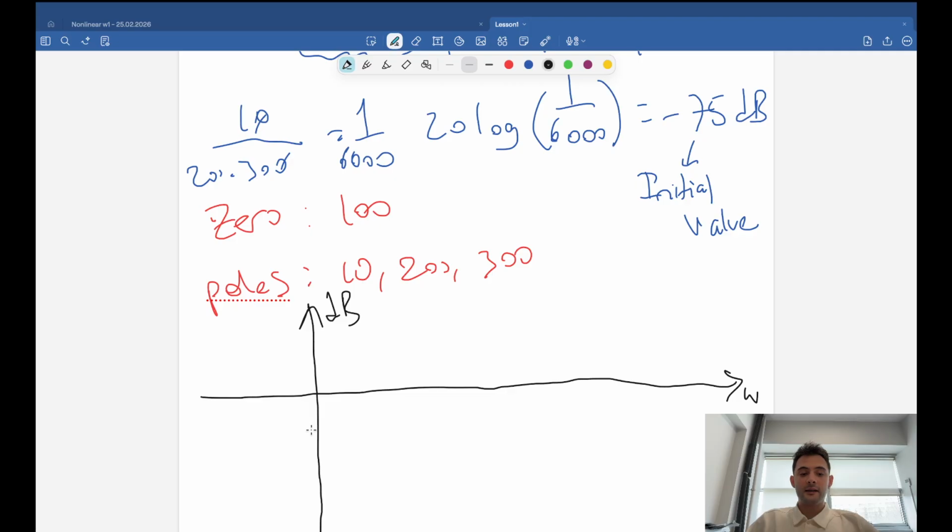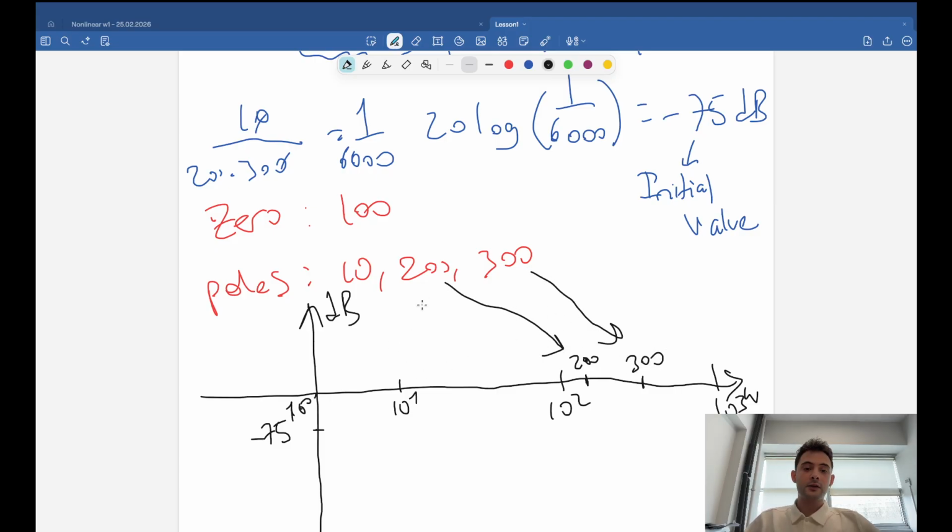So let's say here we have minus 75, and here is 10 to the power of 0, 10 to the power of 1, 10 to the power of 2, and it goes until 10 to the power of 3. So let's say here is 200, and here we have 300. Those are the places of our poles.